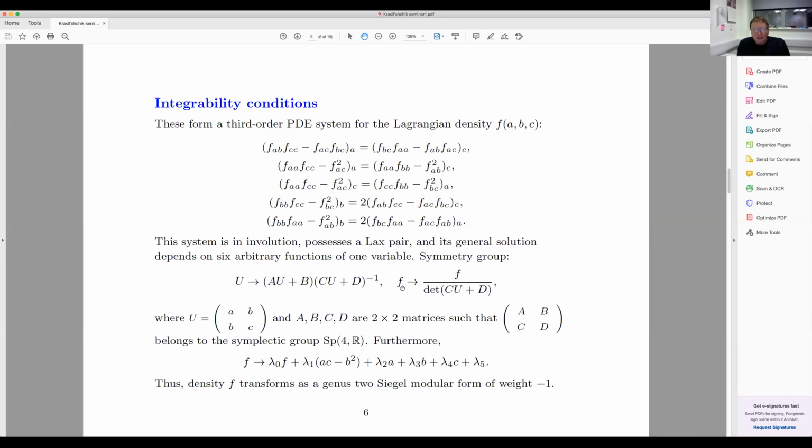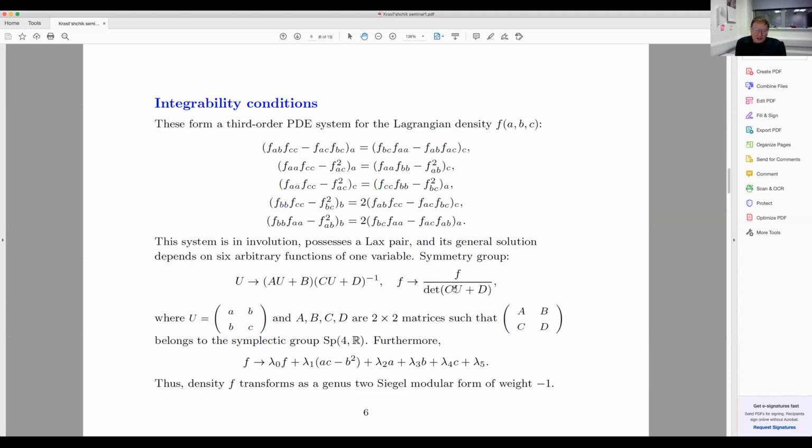In general, what are Siegel modular forms of weight k? It's a function depending on a symmetric matrix, which transforms precisely in this way, where instead of this determinant (Cu+D) to the power -1, you have determinant (Cu+D) to the power k, right? And these are called Siegel modular forms of weight k.